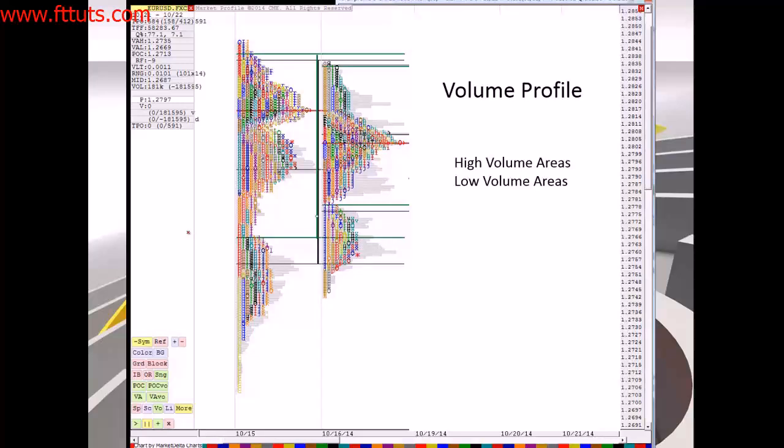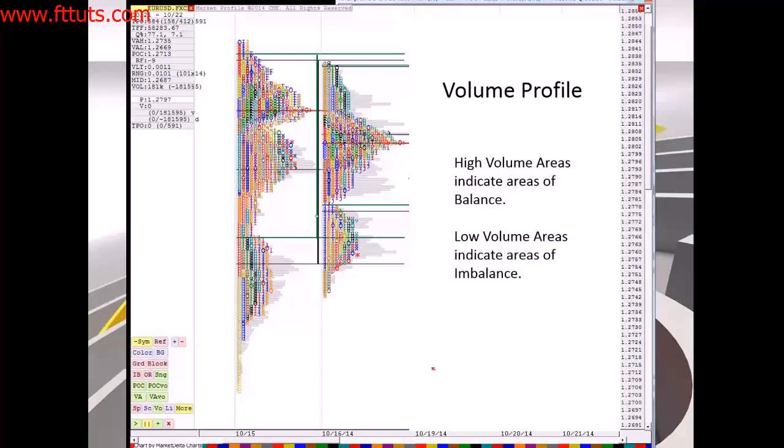And that's why our job when we analyze and look at the profile structures is to try to identify areas of high volume and low volume. Now, what is the significance of that? Why do we care about high volume and low volume on a profile structure?